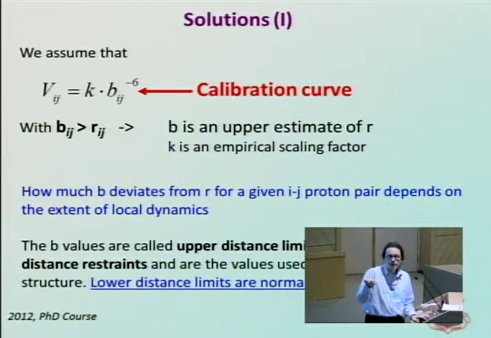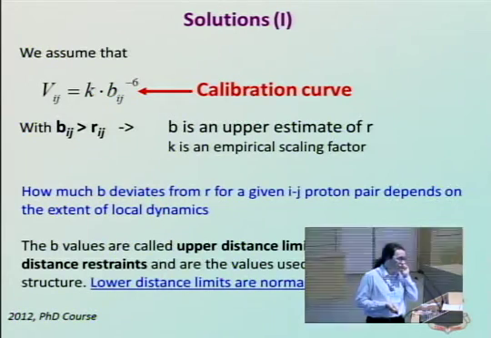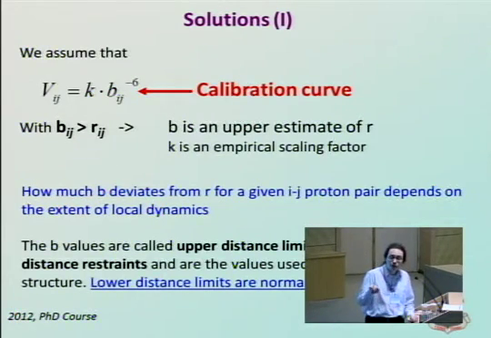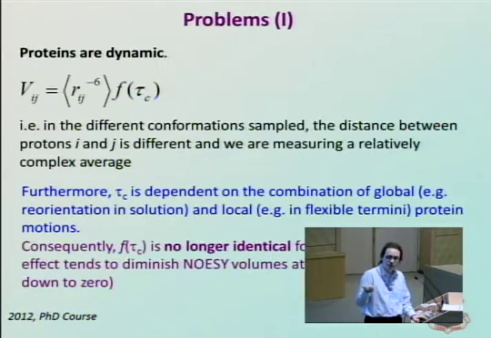Because of various problems, in principle, you could estimate an upper limit and a lower limit for the distance, but because of practical problems, normally people tend not to use lower distance limits. For example, if the dynamic is very unfavorable, even though your protons are close, you don't get the volume.